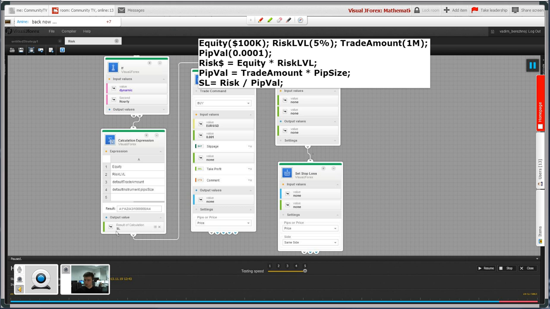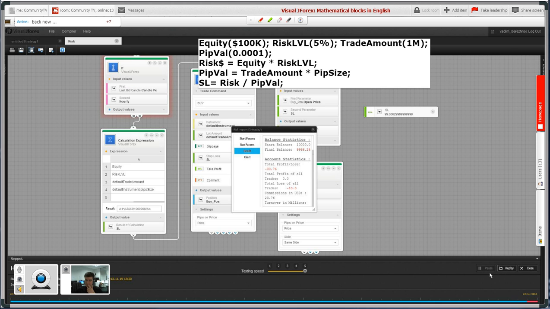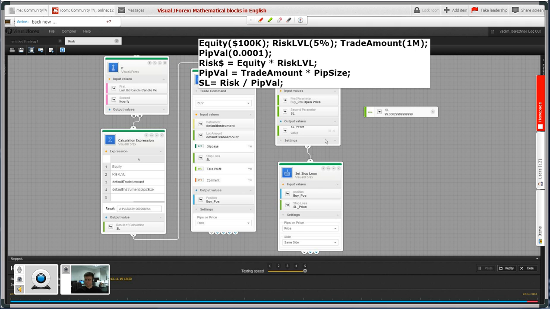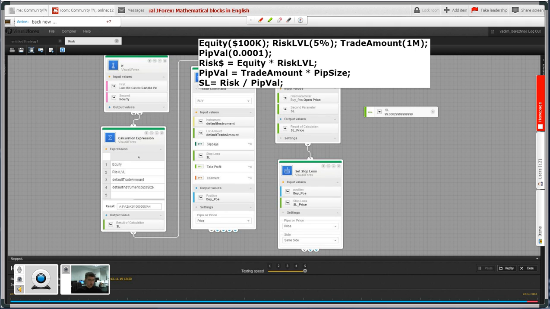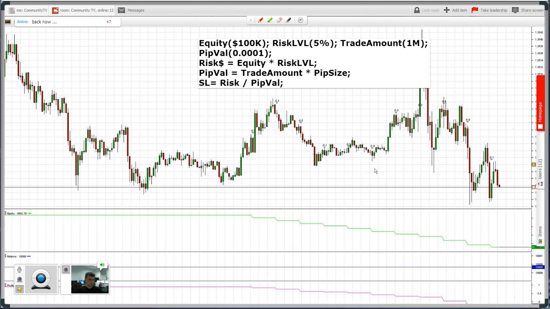What is stop loss level? It calculated 99.68 pips. That could not be assigned to an integer. Yes, what we can see on chart.